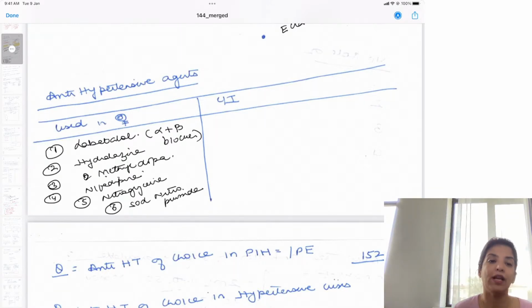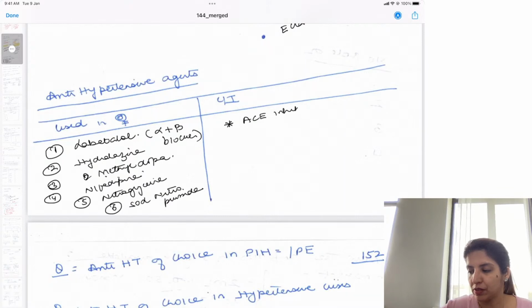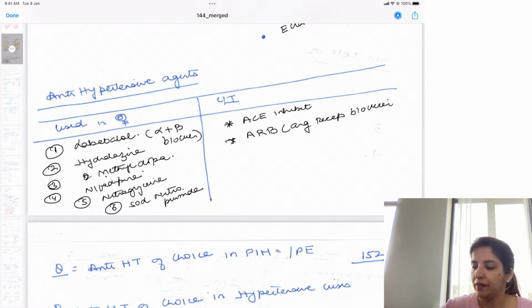Right? So labetalol, hydralazine, methyldopa, nifedipine, nitroglycerine, and sodium nitroprusside. Now the antihypertensive agents which are contraindicated in pregnancy are ACE inhibitors, ARBs. What is ARB? Angiotensin receptor blocker. That is losartan.